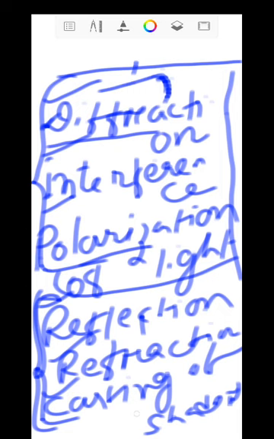This shows that light does not travel in a straight line. So these phenomena are explained through the wave theory of light, and reflection, refraction and casting of shadow are explained through the particle theory of light. Till here I hope you understood. Okay, then I'll move to the next part.